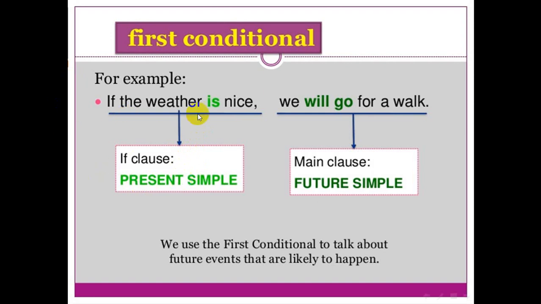So if the weather is nice, comma, we will go for a walk. Will plus a verb in the infinitive in the main clause. بإمكاني أن أسميها result clause جواب الشرط أو main clause العبارة الأساسية. It's in the future simple. إما أقول will plus verb in the infinitive أو أقول عنه future simple المستقبل البسيط. سوف أذهب. will go. Okay?